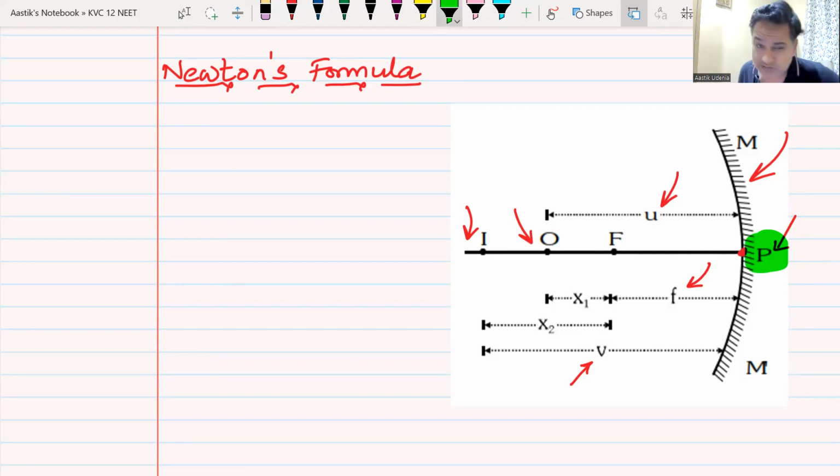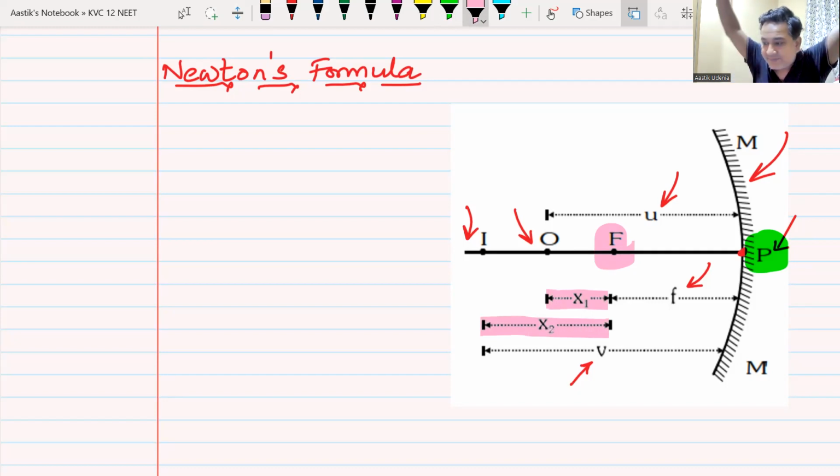But if instead of the pole of the mirror, the distances are measured from the focus, my dear friends, and as you can see, x1 is the distance of the object from the focus, and x2 is the distance of the image from the focus.